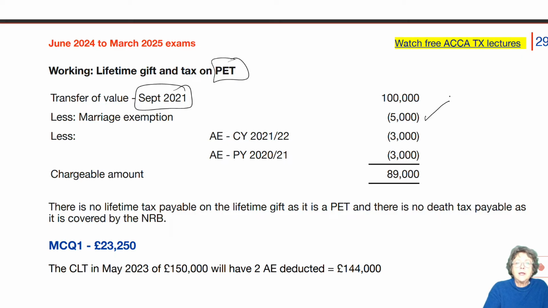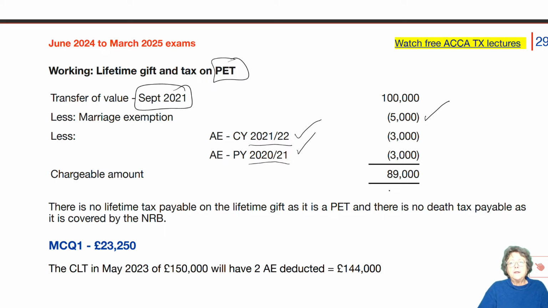It was on the occasion of her marriage, and as he is the parent, he is entitled to £5,000 of marriage exemption. The current year annual exemption, don't forget the date, and the previous year, and make sure you put them in the correct order, 2021, giving a chargeable amount of £89,000. So there's no lifetime tax.